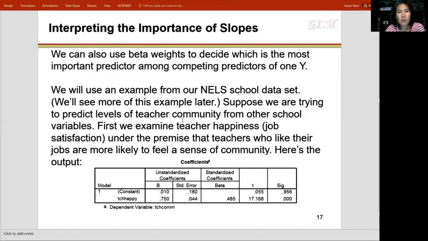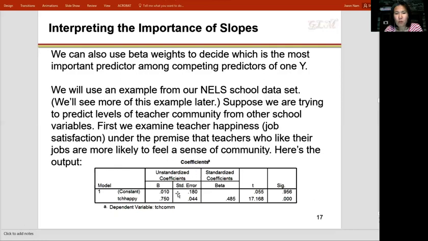And second, the next one is here, the NELS school data set. I posted the NELS school data set in the Sakai site. Here, the outcome variable is a sense of community, and the independent variable is teacher happiness. So these two columns are for the unstandardized coefficient.